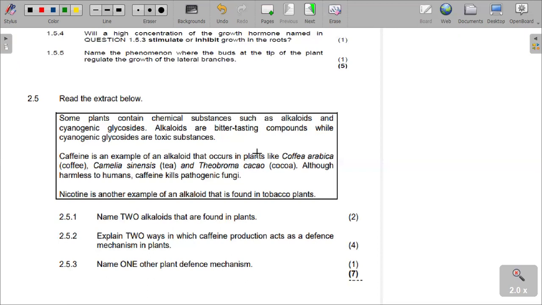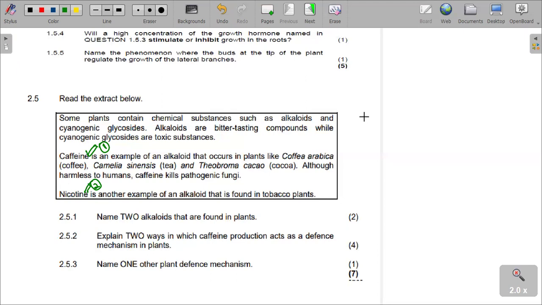We are given caffeine as an example of an alkaloid, and in the last part of the extract we are given nicotine as another example of an alkaloid found in plants.